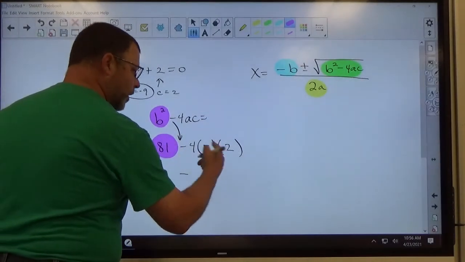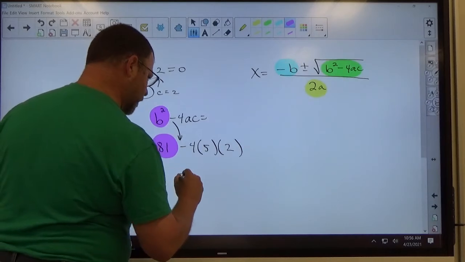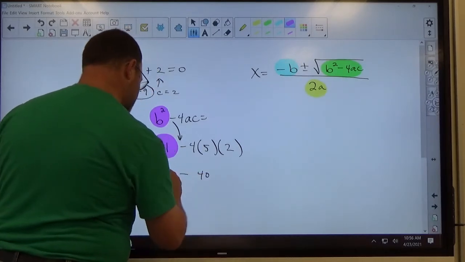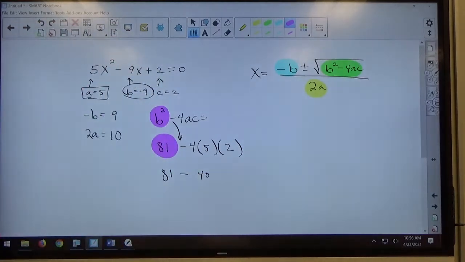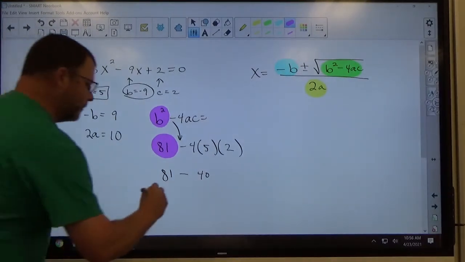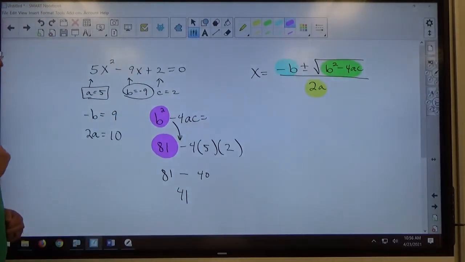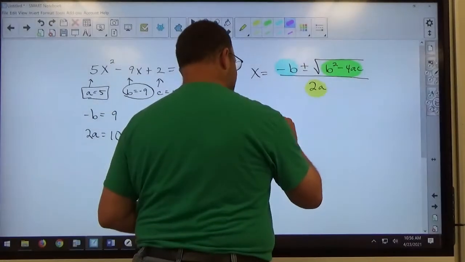4 times 5 is 20, times 2 is 40. 81 minus 40 is equal to 41. Finally, x equals.